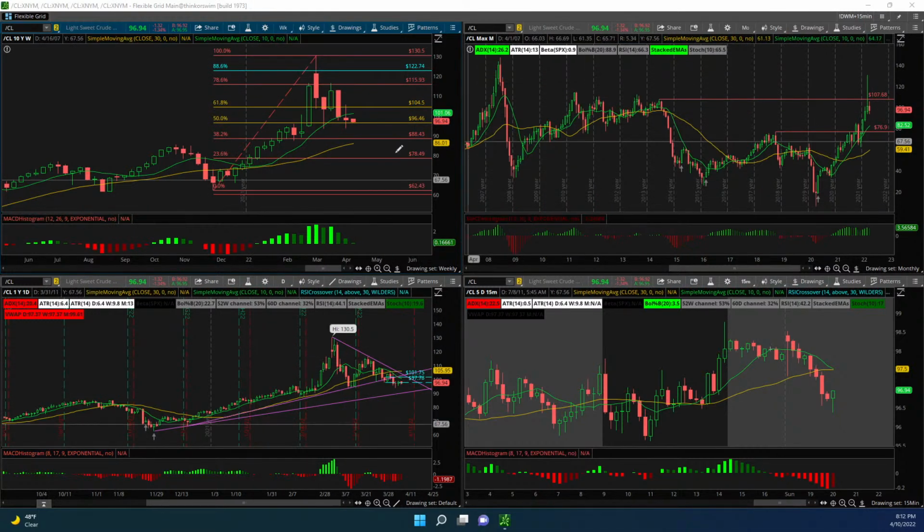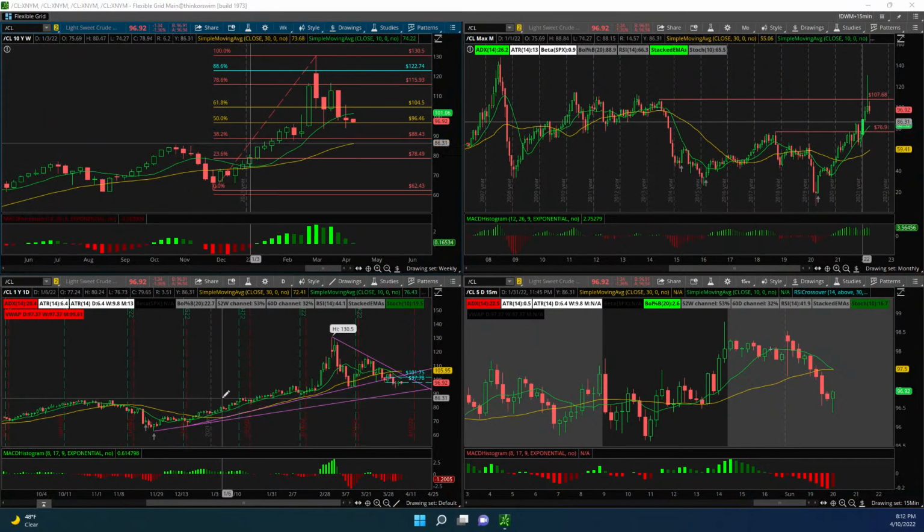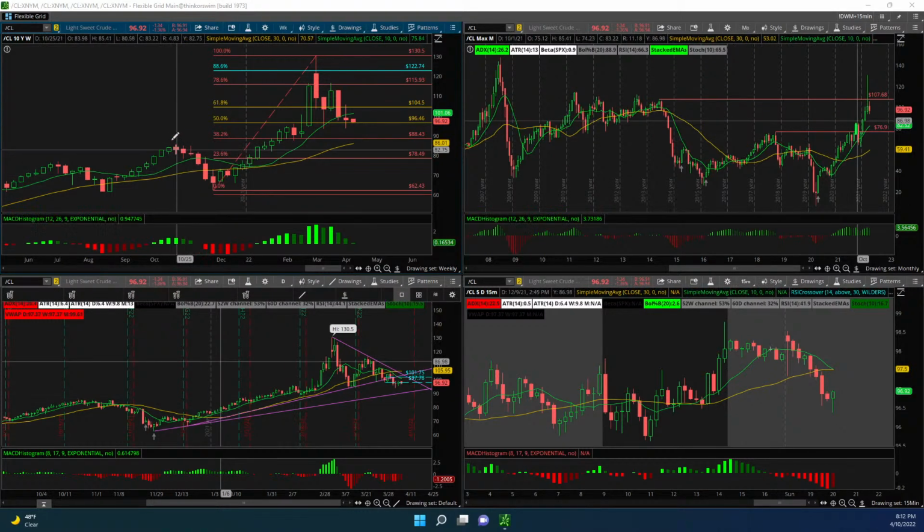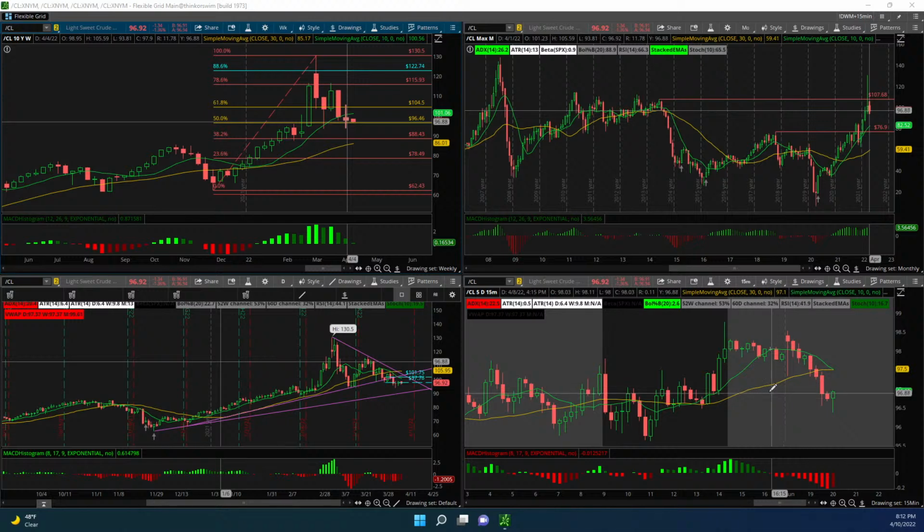We have the daily chart in the bottom left corner, the weekly chart in the top left, the monthly chart in the upper right corner, and the 15 minute chart down below in the bottom right corner.